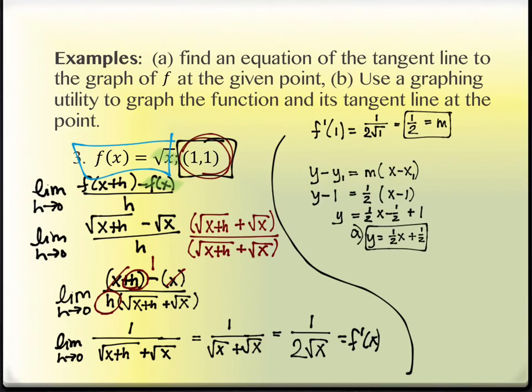So the screen looks something like this. That's the graph of square root of x. We're supposed to be looking at the ordered pair 1, 1, like this. And the equation that we created ends up looking something like that.